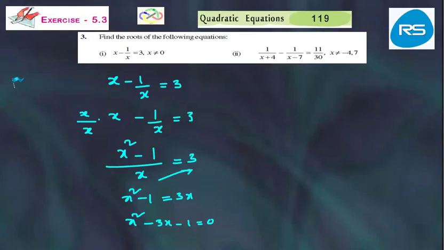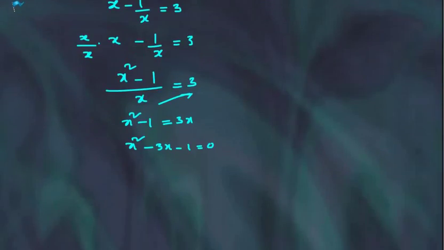Now we'll compare the equation with ax square plus bx plus c is equal to 0. If you compare, what will we get as the value of a? The x square coefficient is 1 here, and in the standard form the x square coefficient is a. So a becomes 1.